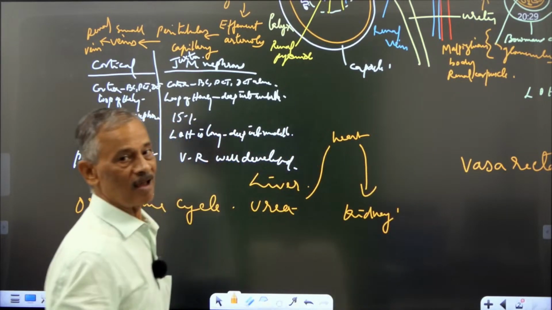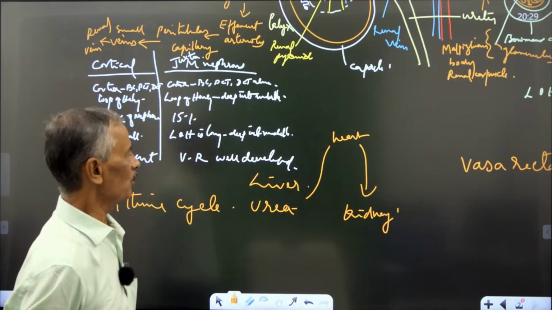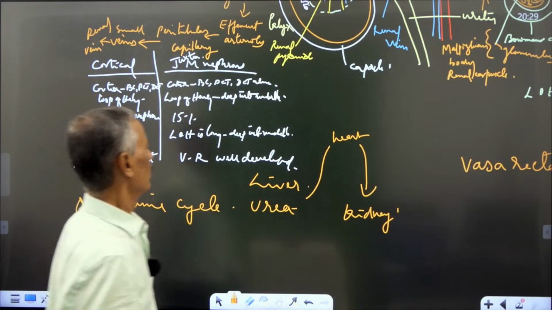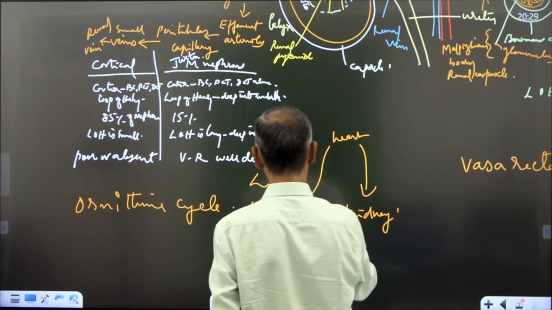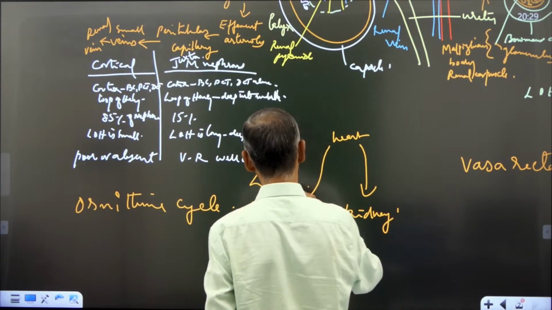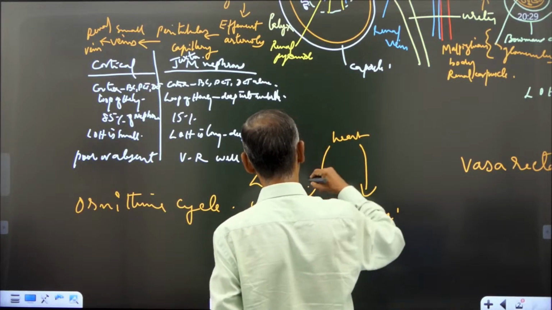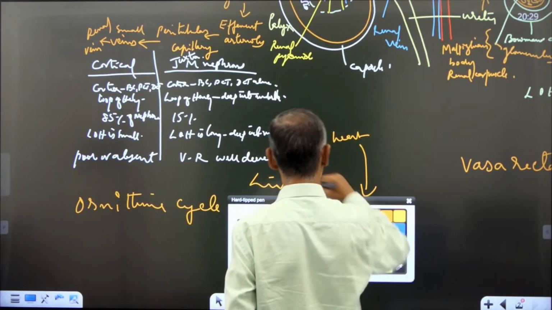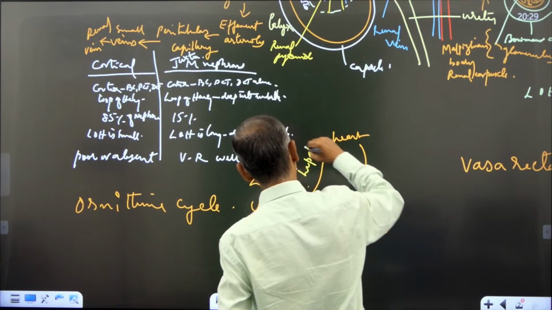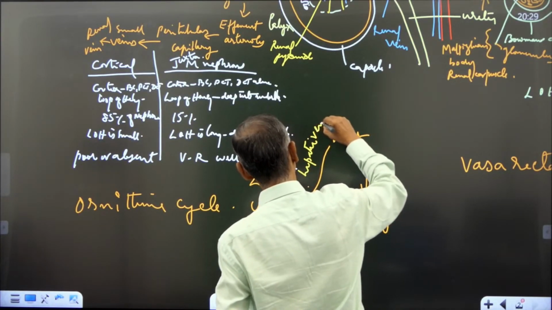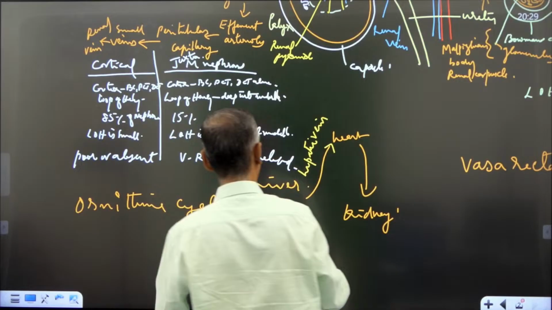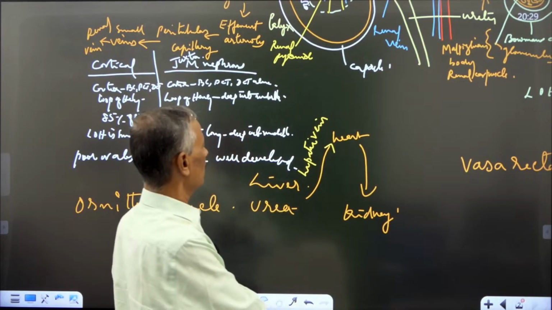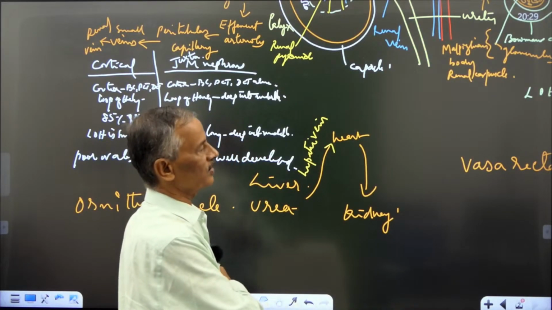Through the renal artery it is reaching the kidney. Okay, so liver produces urea. And what is the blood vessel that is taking blood from liver? It is the hepatic vein. So hepatic vein takes blood from liver to the heart.